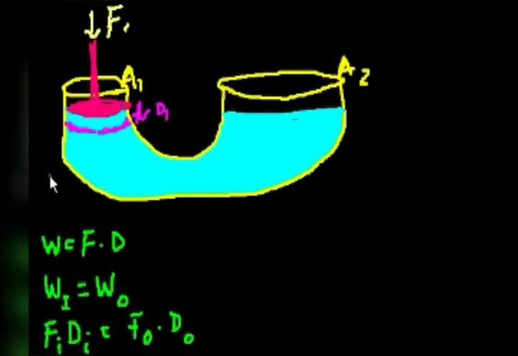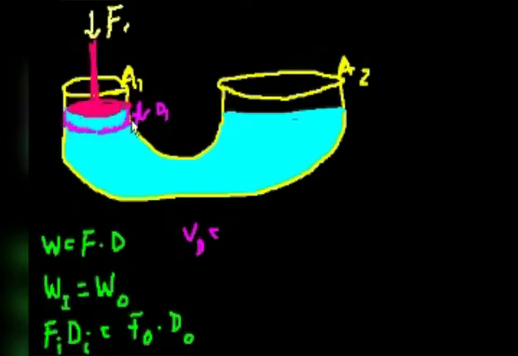But let me ask you a question. How much total water did I displace? Well, it's this volume. I took this entire volume and pushed it down. So the volume displaced is like a cylinder of liquid: this distance times the area of the container at that point.